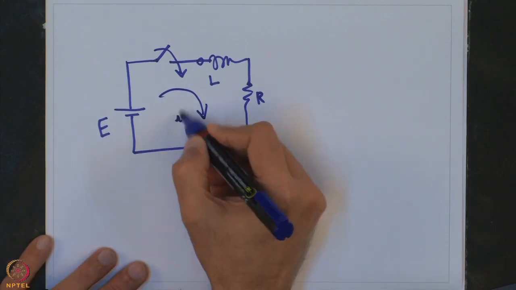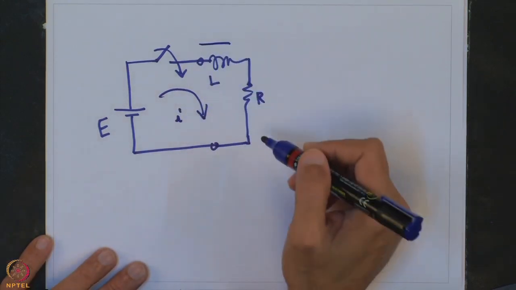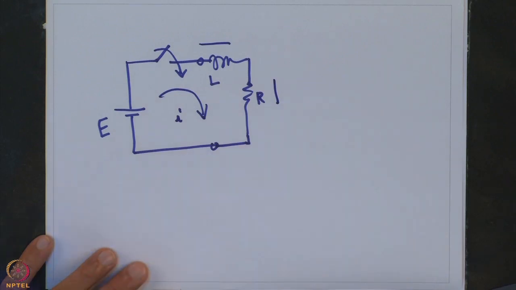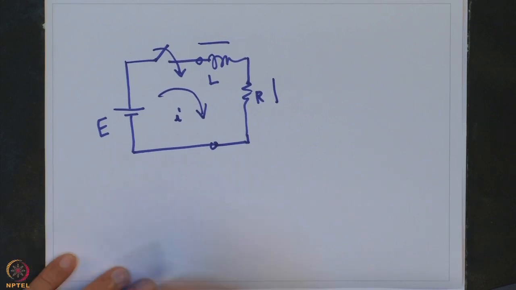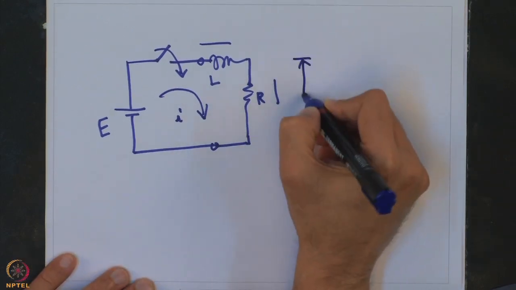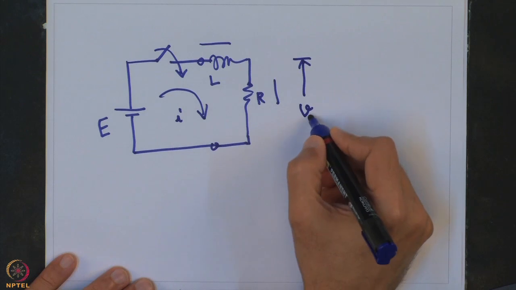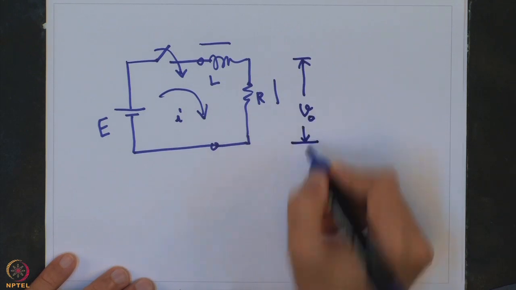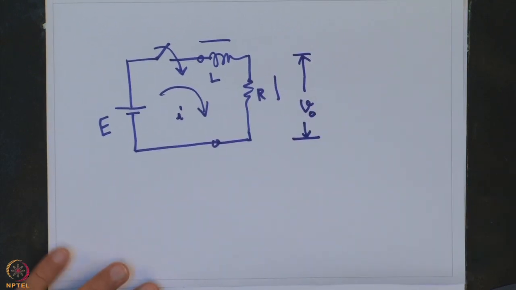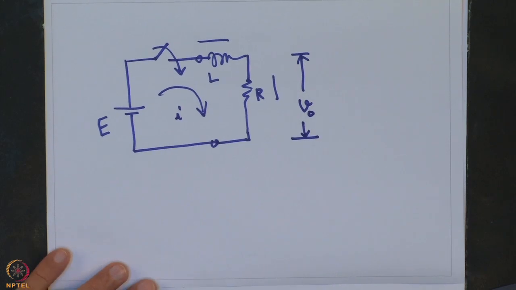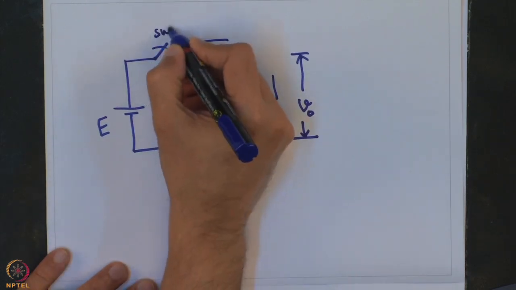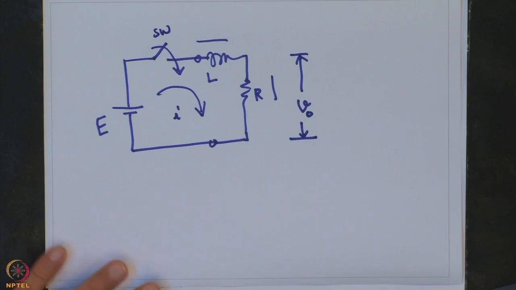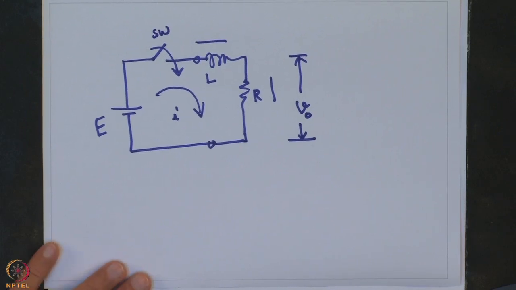Obviously it will result in some voltage across the inductor and the resistance. Now, what we want to do is determine, let us say, the voltage VO across the resistance R after the switch SW has been closed.